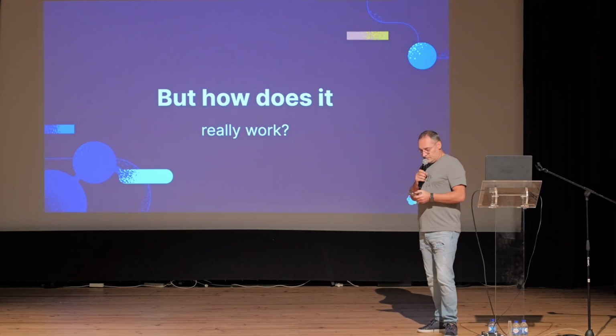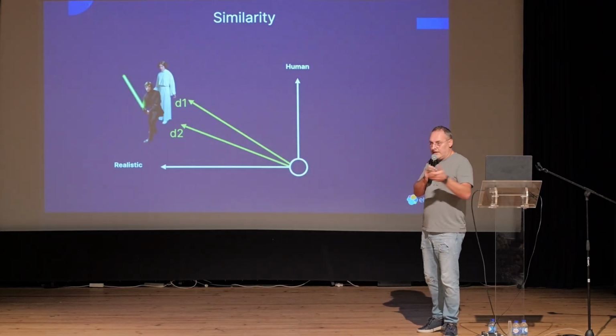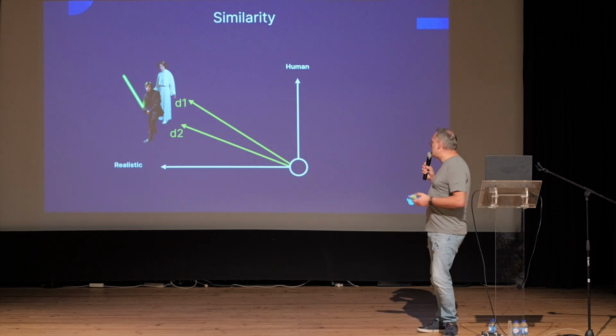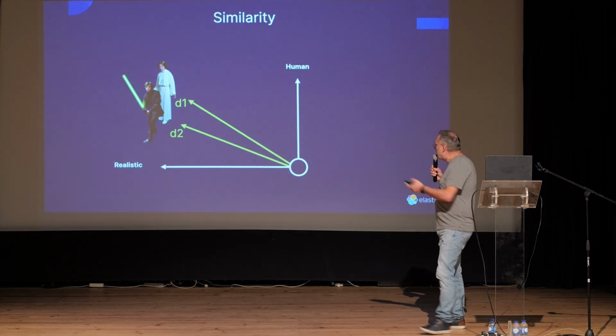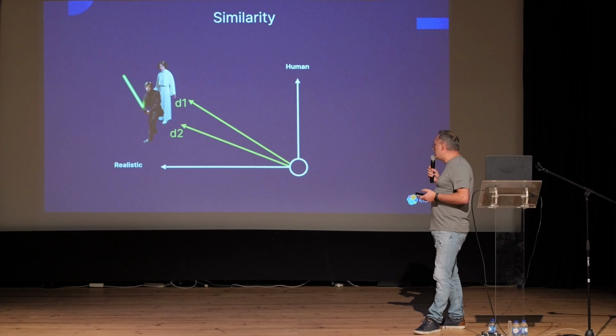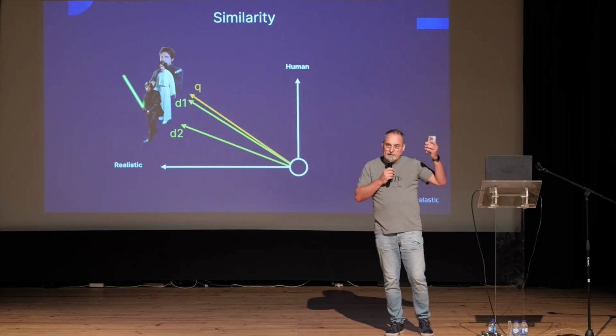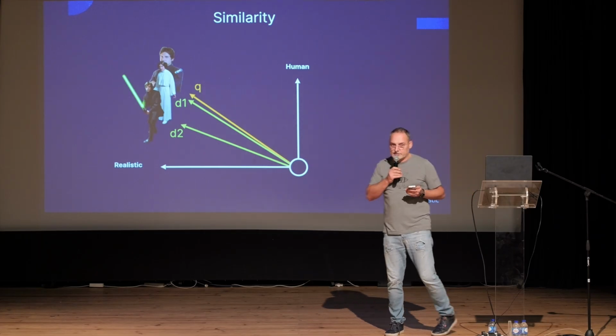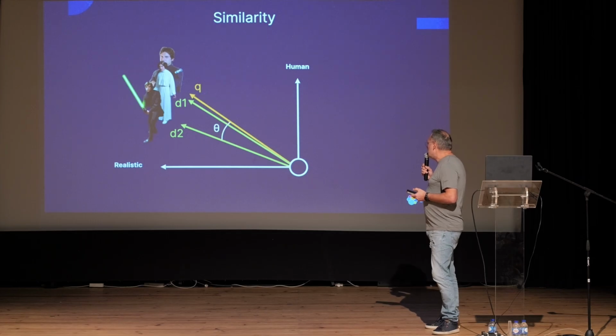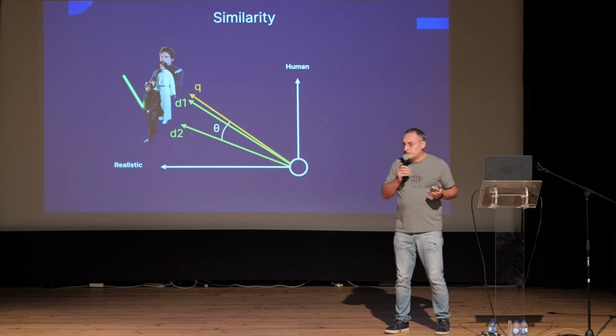So how does it work? You did some math, I told you already. So what you probably did, you had this space where you have all your existing documents, so Leia and Luke here, and then you probably put Han Solo somewhere here in those 2 dimensions. And then you probably computed the angle.